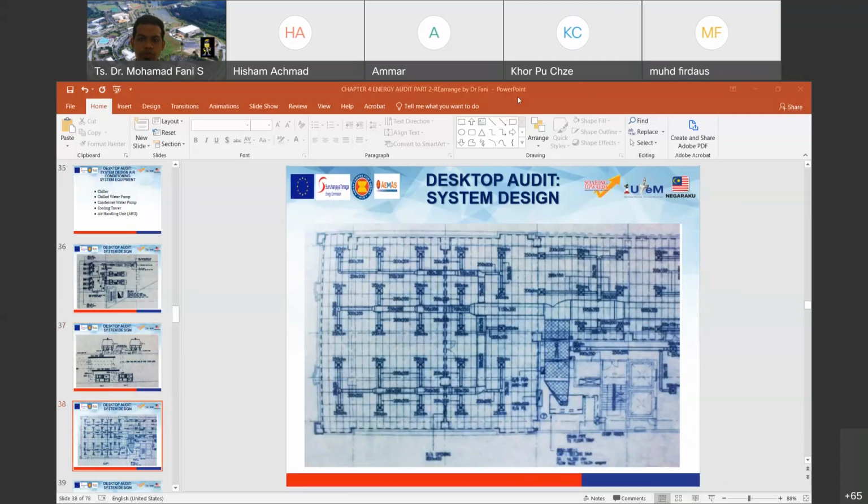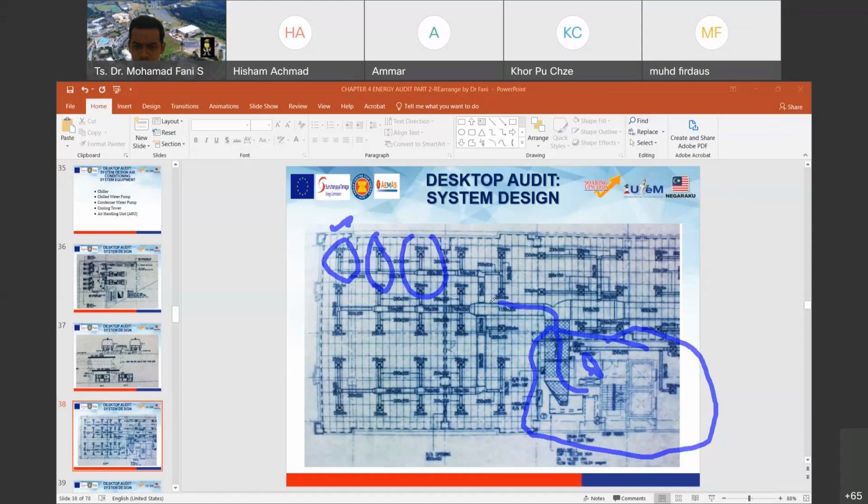This one is the AHU. This is ducting. We have room number 1, for example, room number 2, room number 3. So ducting from the AHU, supply ducting to the room.